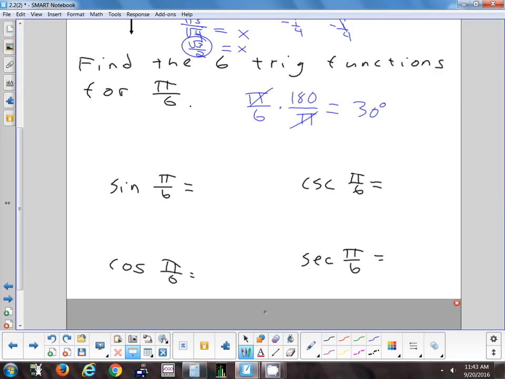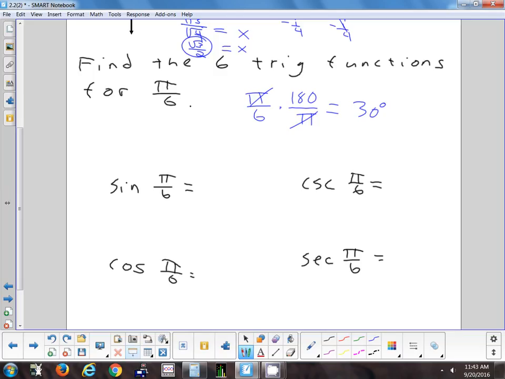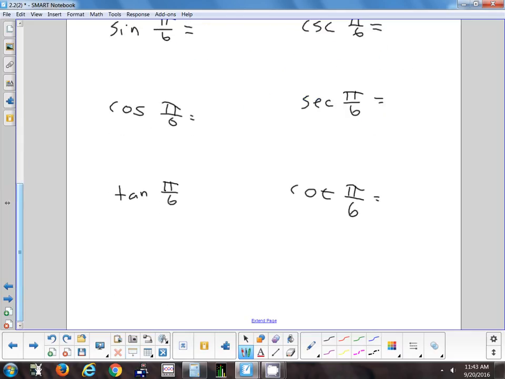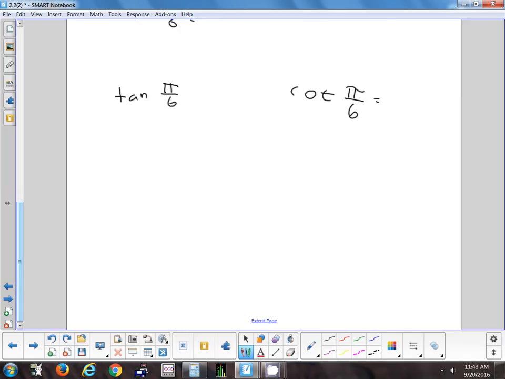Brianna, now that I know the angle is 30 degrees, what's the next thing that I really need before I can start doing all this? I need the coordinate. Now, if you get confused, if you can't remember which one is the 1/2 and which one is the root 3 over 2, just draw a picture. 30 degrees is about right there.